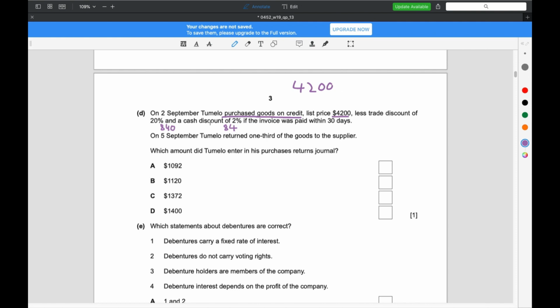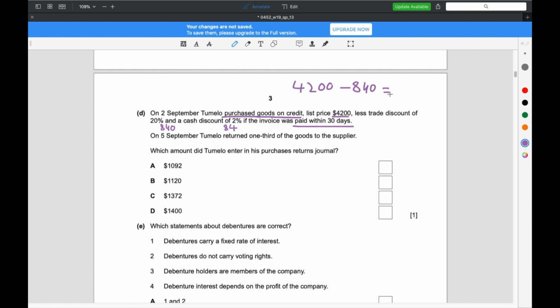All right, 20% of 4,200 is $840. So subtract that, and if Tumelo had paid within 30 days, we would also have deducted the cash discount, but he didn't pay yet, so we're not going to subtract 84, which should have been the cash discount from the actual list price.